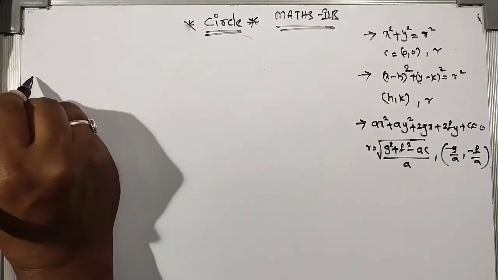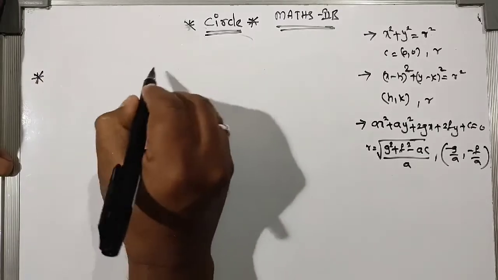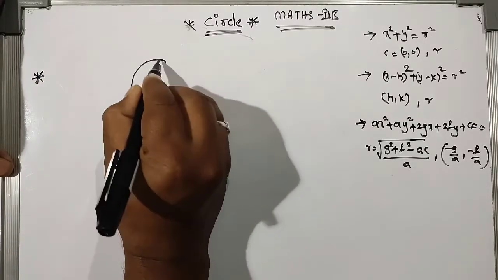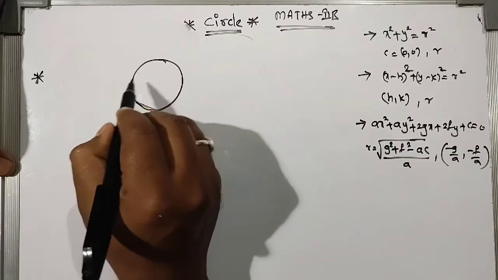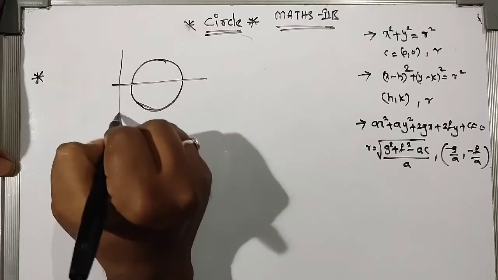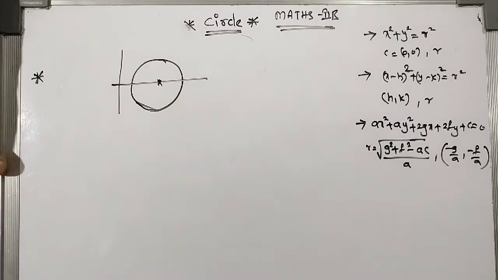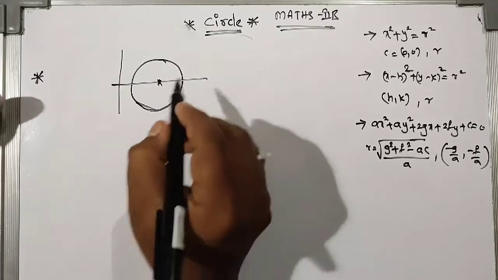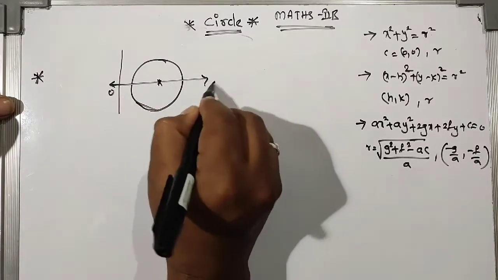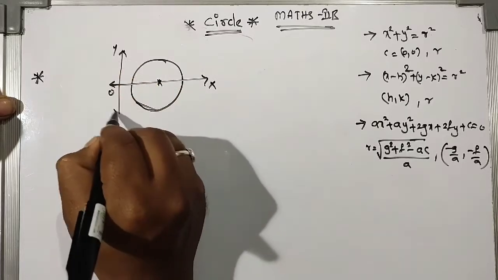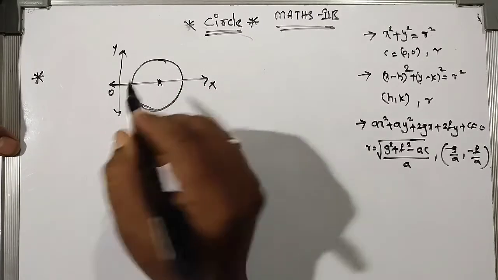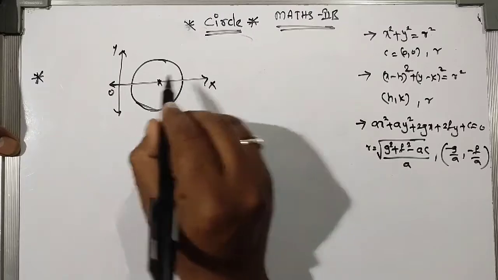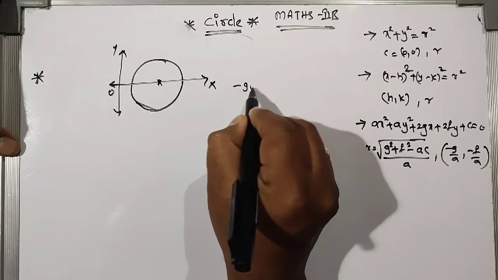Okay, next key point. If this is the circle, and if the circle's center is on the x-axis, like this, the center is on the x-axis, this is the origin, this is the x-axis, this is the y-axis. If the circle has its center on the x-axis, we know that on the x-axis the y term is always 0, so the center is in the form of minus g comma 0.